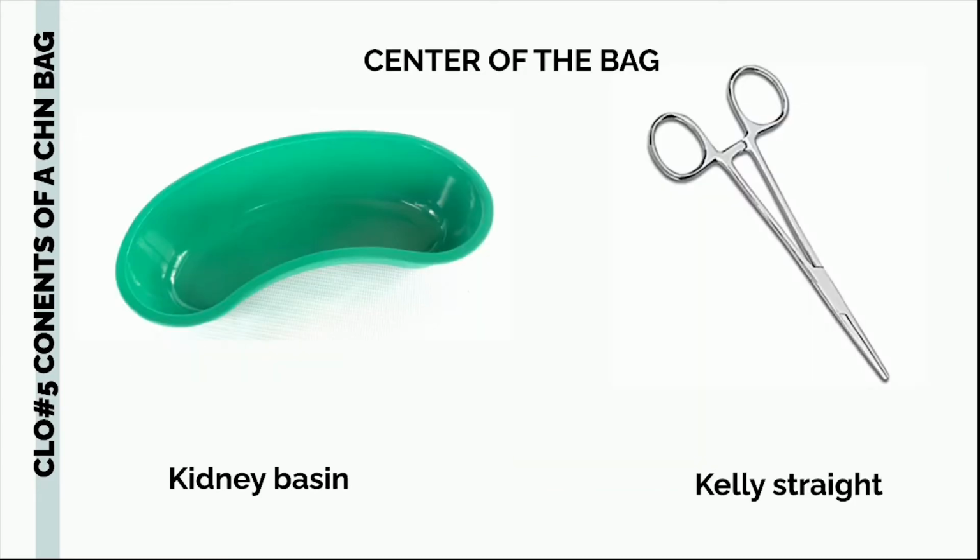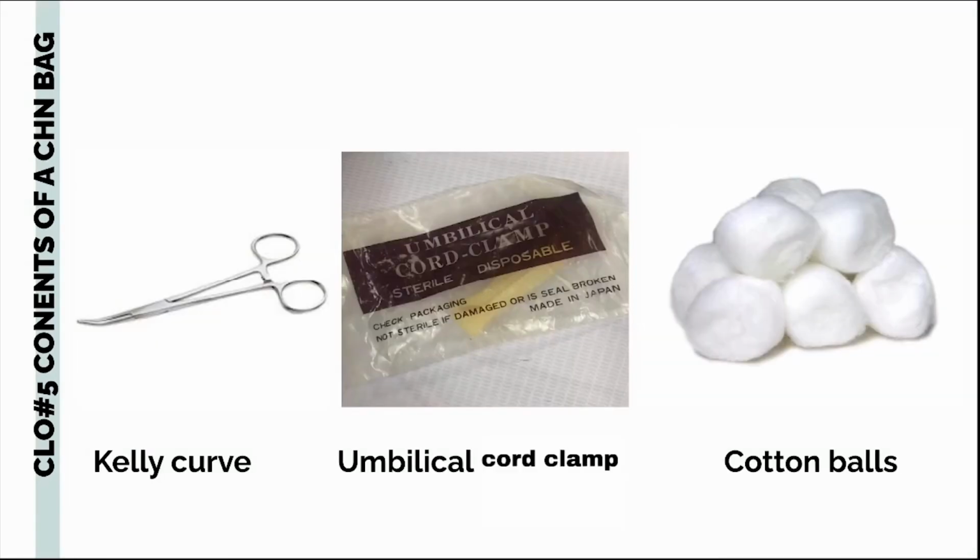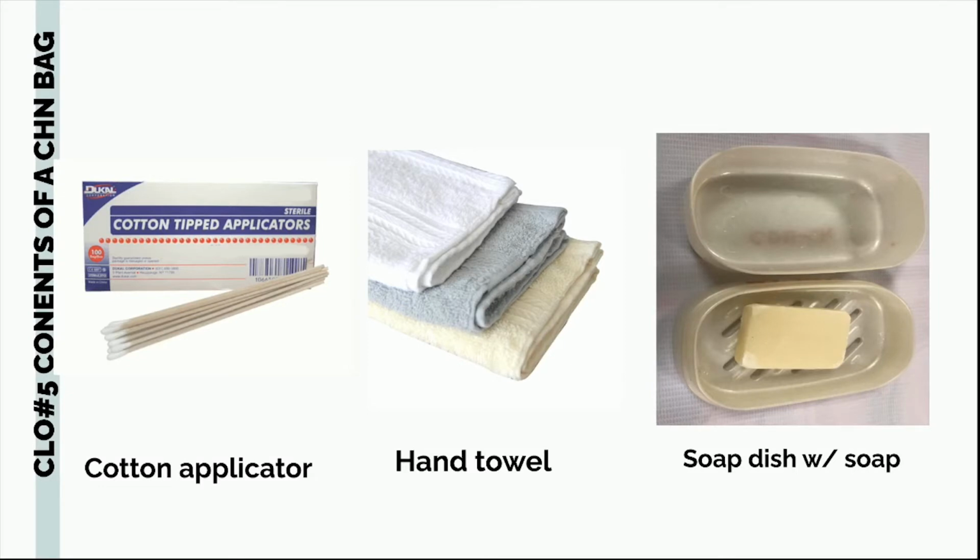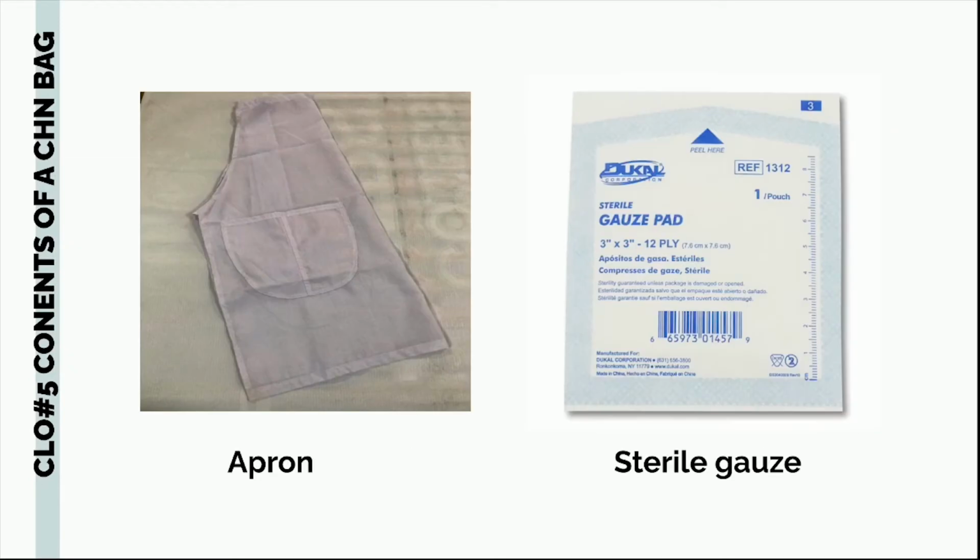We have kidney basin used for the delivery of placenta, and the Kelly straight, a Kelly curve, an umbilical cord clamp used to clamp the umbilical cord in place, and the cotton balls. A cotton applicator, a hand towel used to wipe the hands dry, and a soap dish with soap.